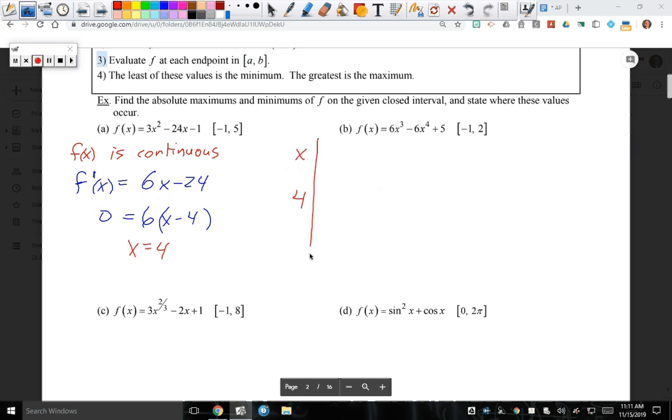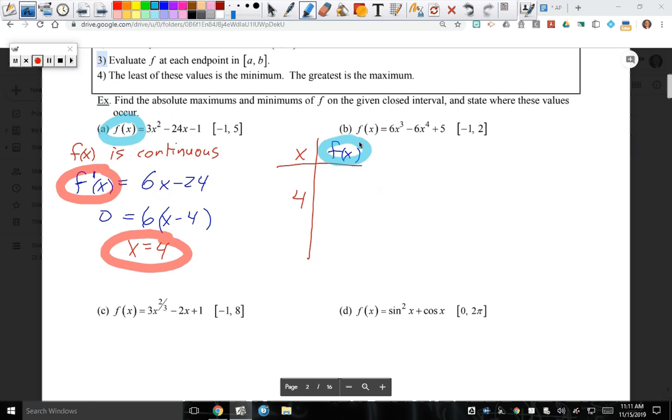I'm going to list it as one of the candidates, and I'm going to plug it into f of x. I got the critical points from the derivative, but I'm going to plug it into the function to see what it equals. Guys, we've been doing this a lot, if you haven't noticed. We will find an x moment, and we will put it in both f of x and f prime of x, just like we were doing with implicit differentiation.